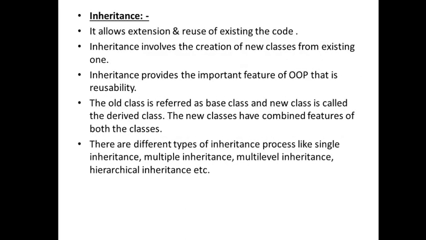Next, inheritance. Inheritance allows reusability. That means if a class already exists, we can reuse it a number of times. This is a very beneficial feature of C++ because if something already exists, we simply have to reuse it.